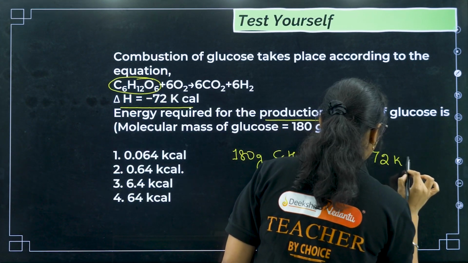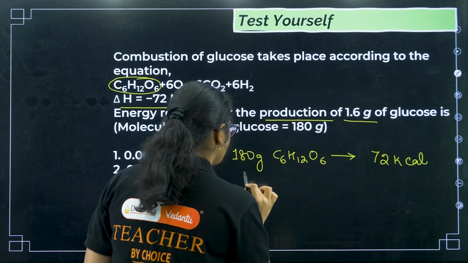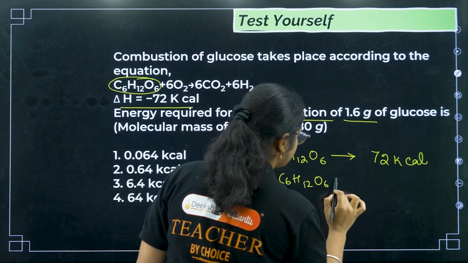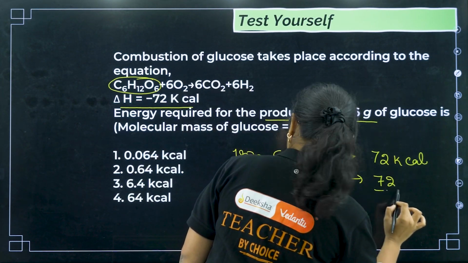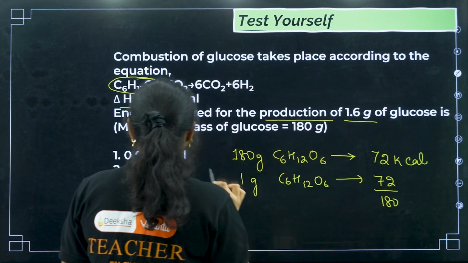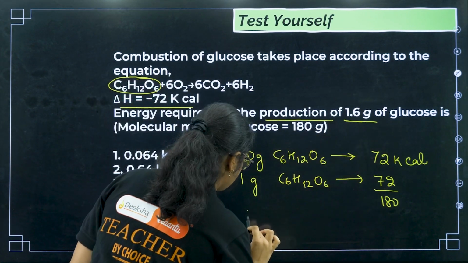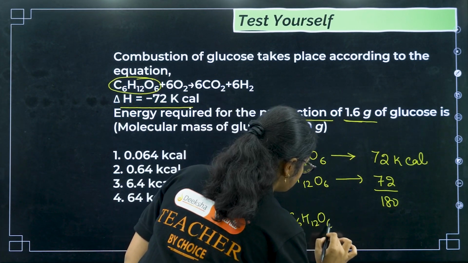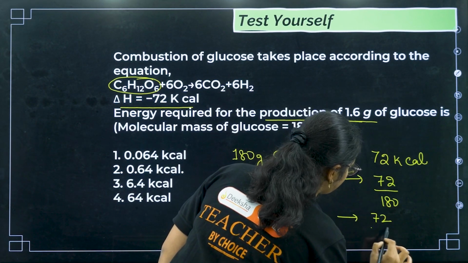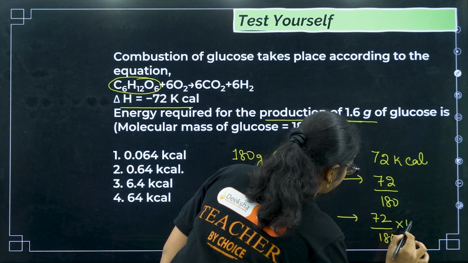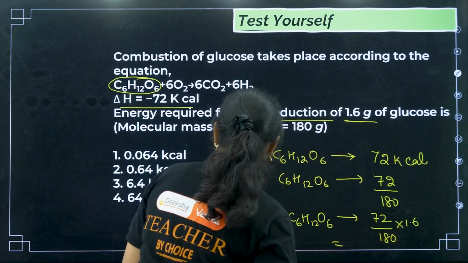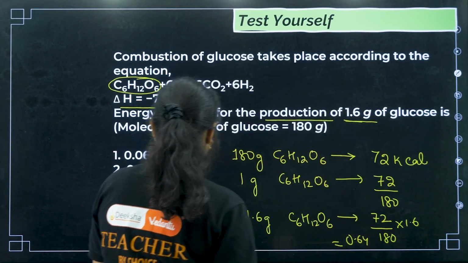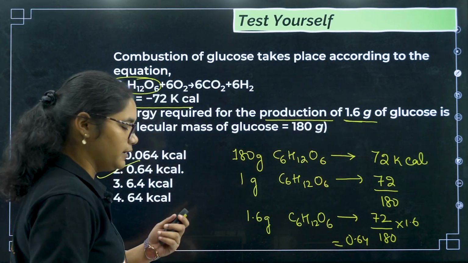For 1 gram, you have 72 by 180. The question is asking for 1.6 gram, so that is 72 by 180 into 1.6. If you solve this, you will get around 0.64. The correct answer for this question will be option number 2.